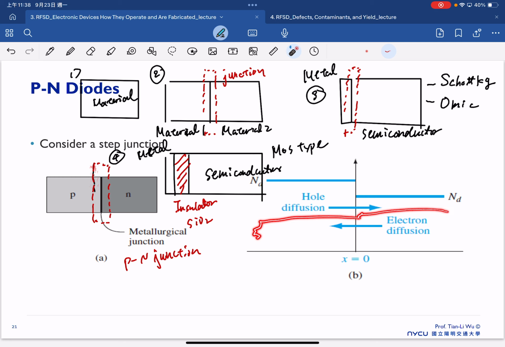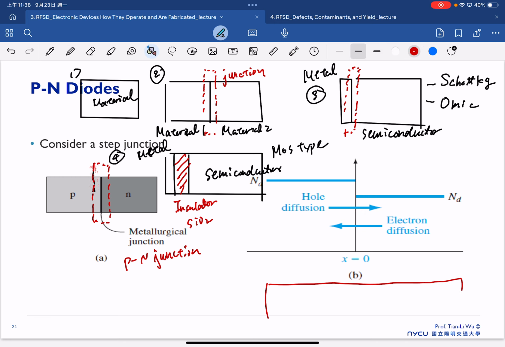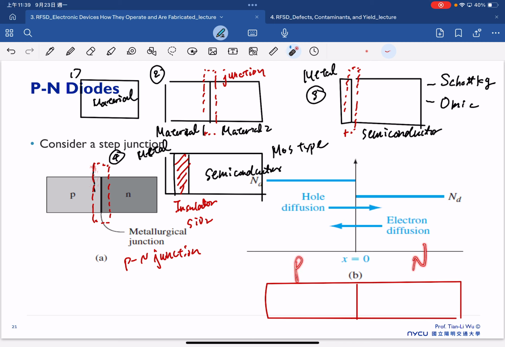So after a certain time, this piece of material, where we have P and N on the left and right, should become N equal to P on the left and N equal to P on the right, because diffusion tries to bring everything back to balance.